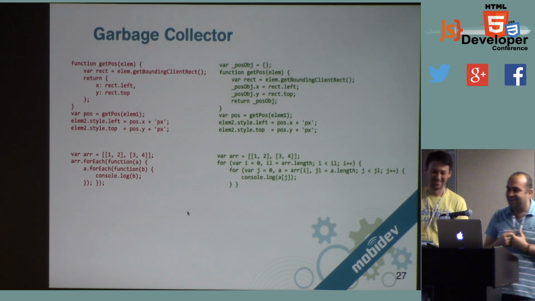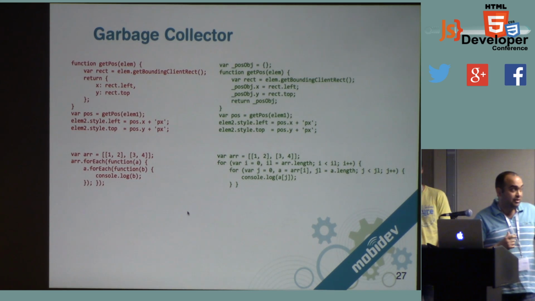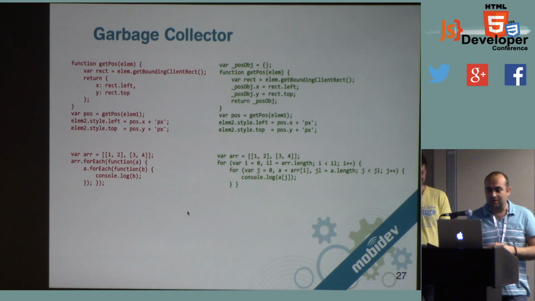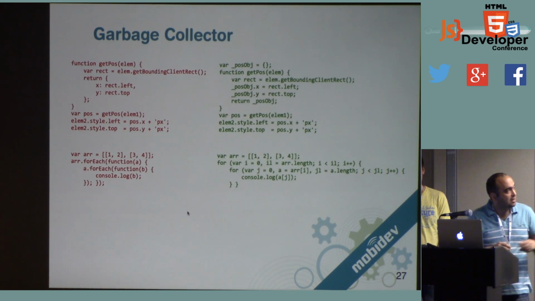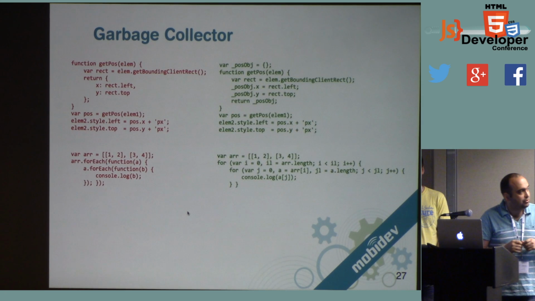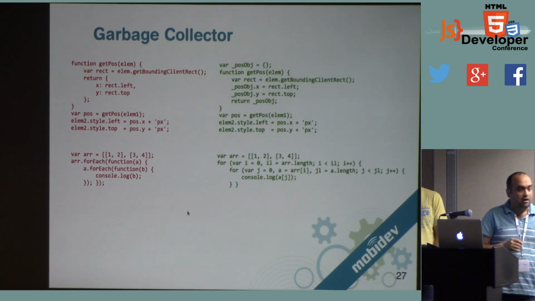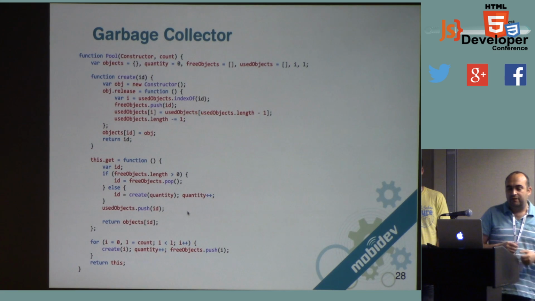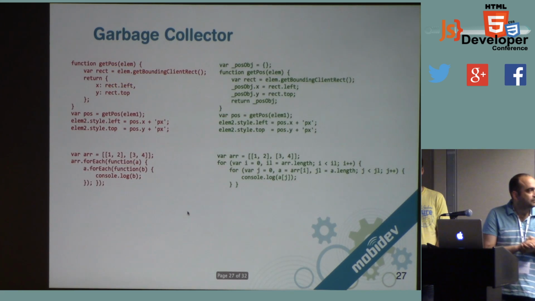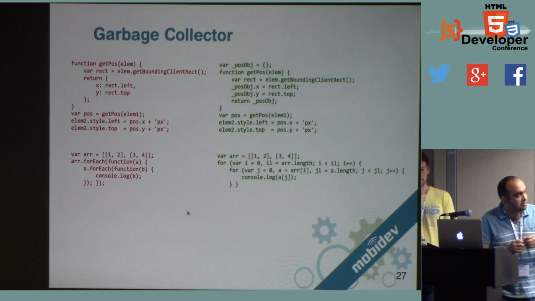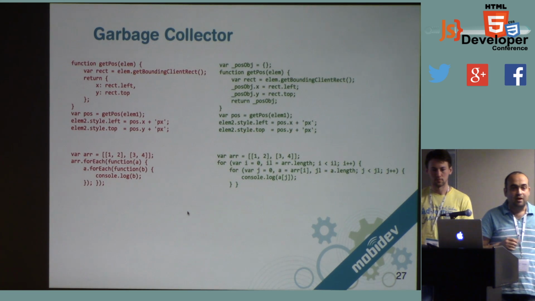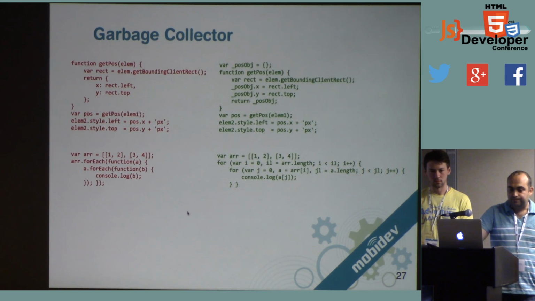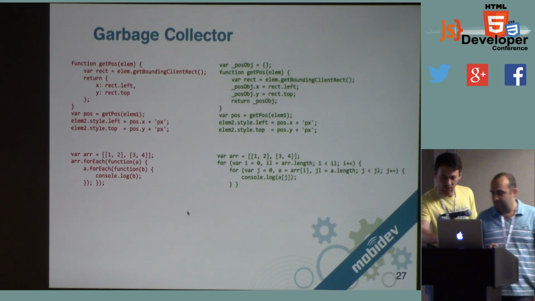And in the green column we don't have any garbage, because in the first case we use a temporary object for returning some results from our function, and in the last example we have iteration by index of the array.